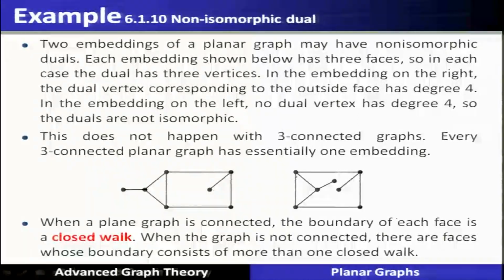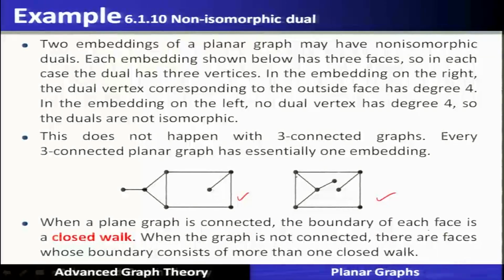So, this will be an example of a non-isomorphic dual. Here we have seen 2 different embeddings of a planar graph, but if we take their duals, they may be non-isomorphic.